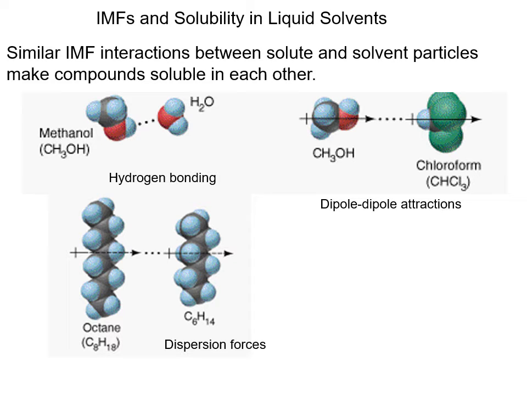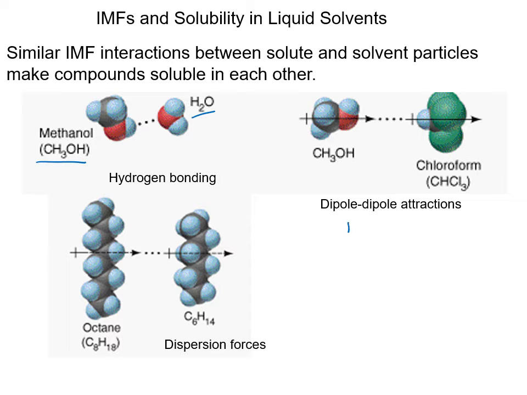Let's do a little review here on intermolecular forces and solubility. So if we have similar IMF interactions between solute and solvent particles, they will be soluble in each other. So here's an example of methanol and H2O. Both are capable of hydrogen bonding, so they hydrogen bond in solution.